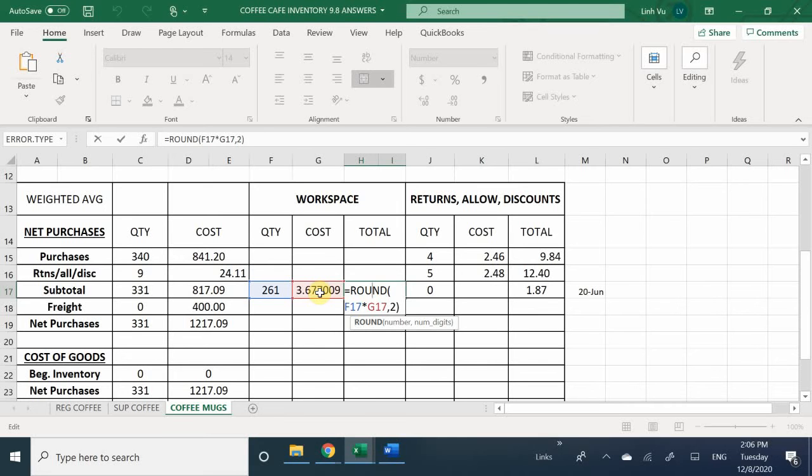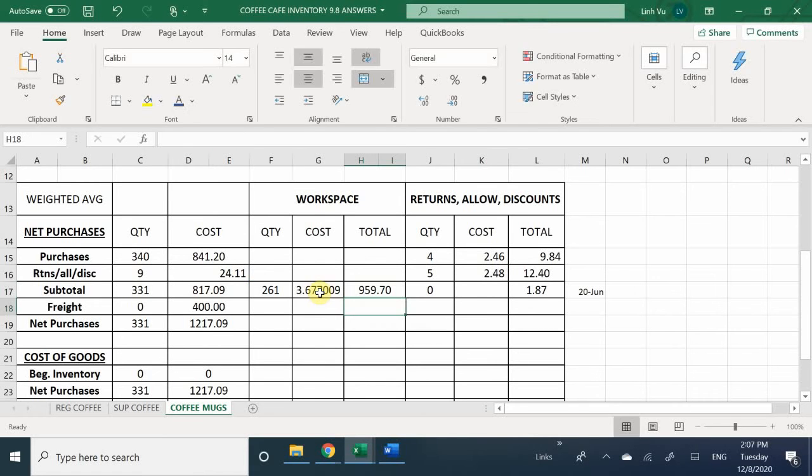So you do the 261 times the 3.677, comma 2, and then close it. Yes, or enter. So now you got $959.70.